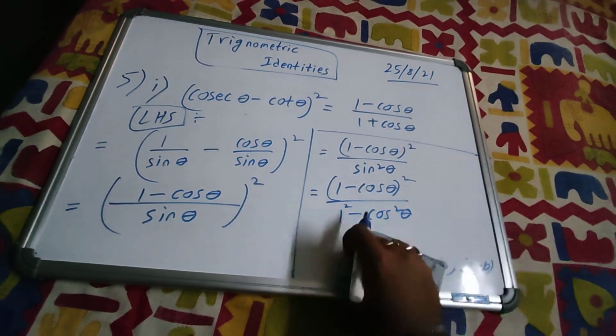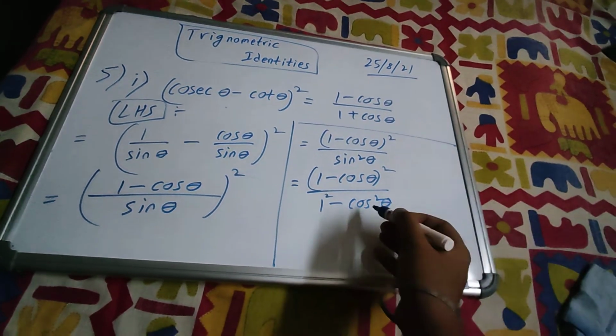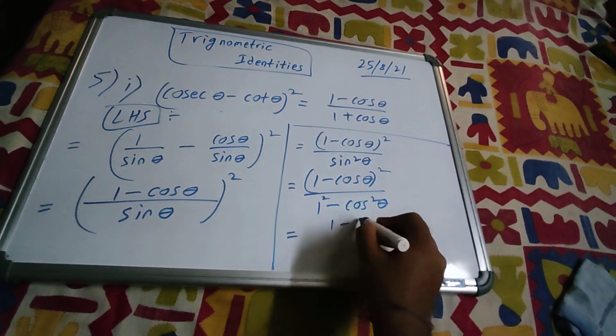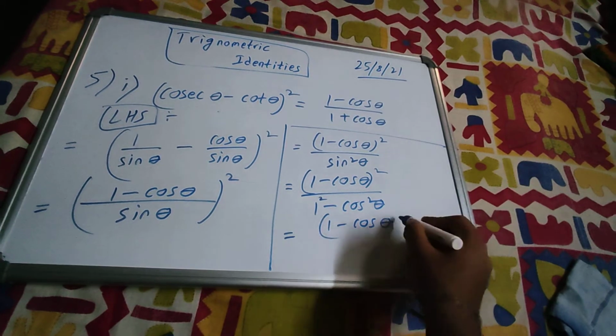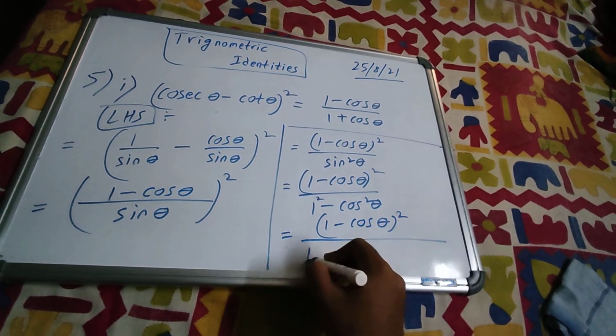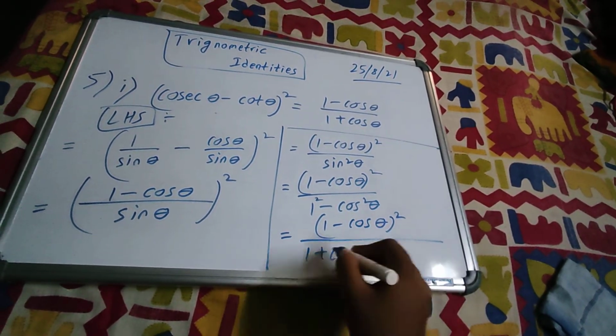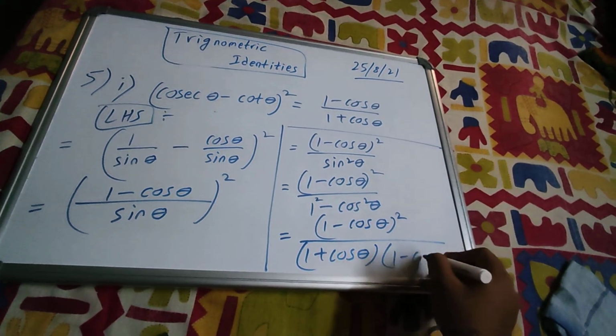Here a is 1 and b is cos theta. So it will look like 1 minus cos theta whole square divided by 1 plus cos theta into 1 minus cos theta.